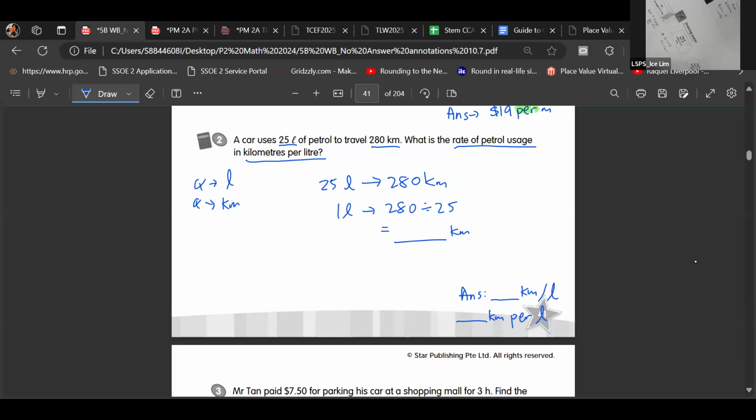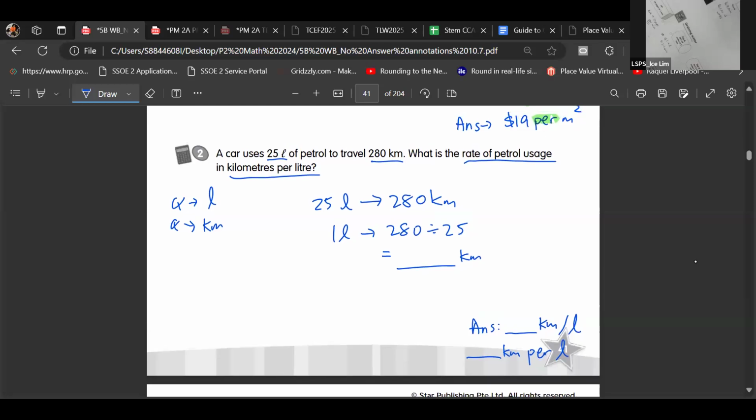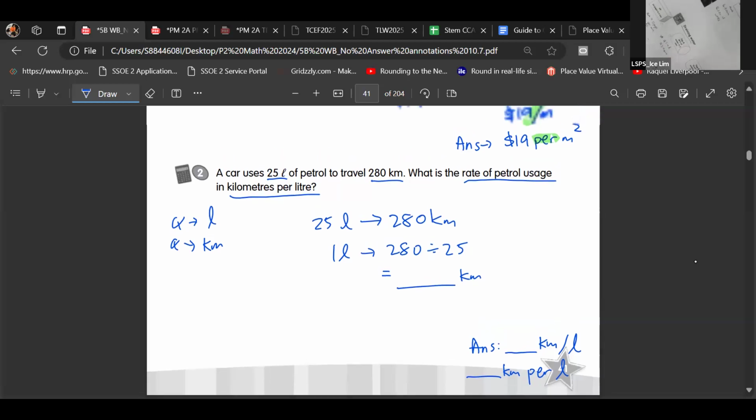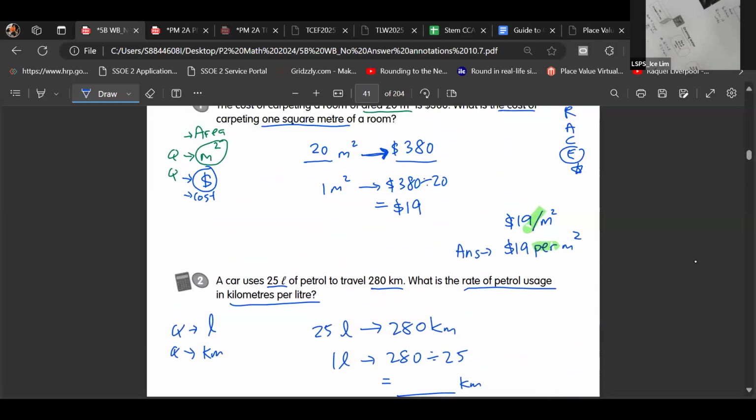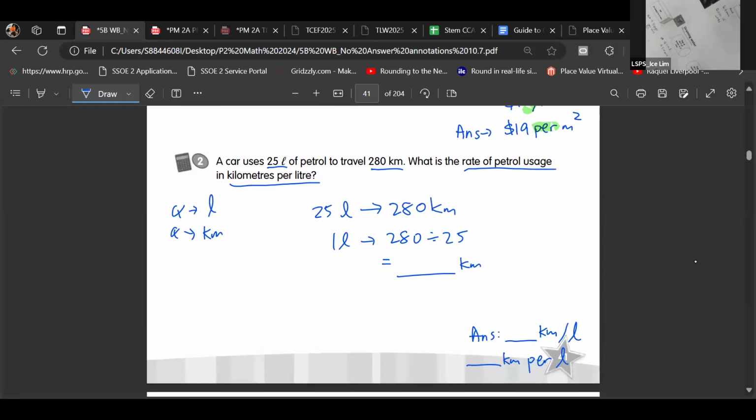Calculator question. Sorry? What? Which one on the left? This one? One quantity is liter and one quantity is kilometer.